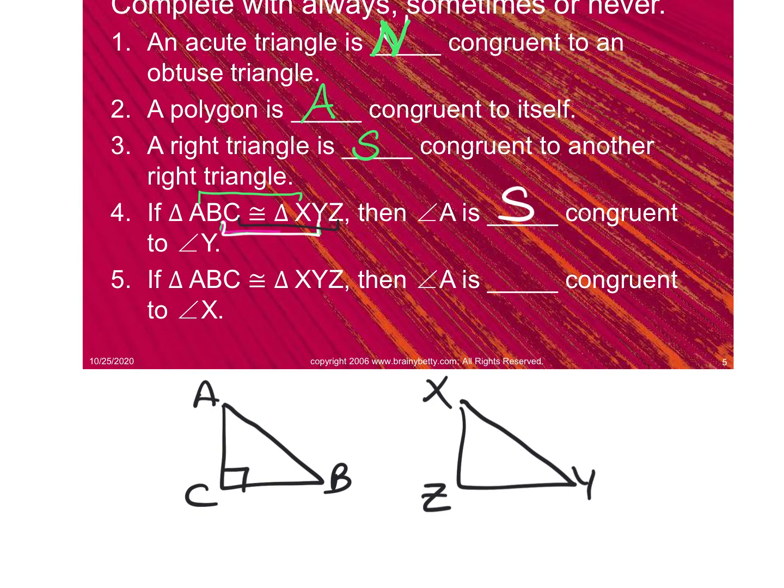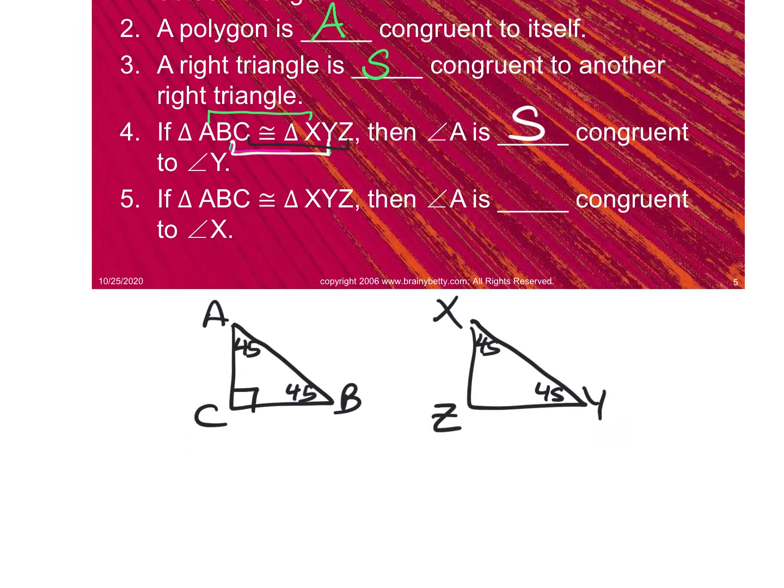So you might think, well, A is not going to be congruent, but what if it's an isosceles triangle? This would be 45. This would be 45. So then they would be sometimes congruent. So this is when it would be sometimes. Because in this case, it is equal. But if they were different numbers, then that would be when it wouldn't work.